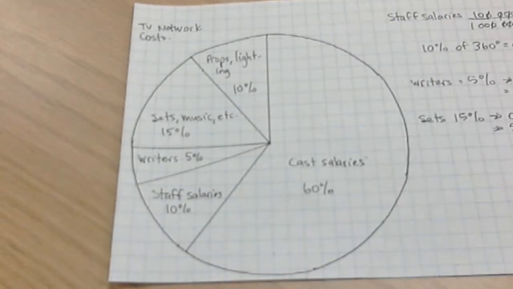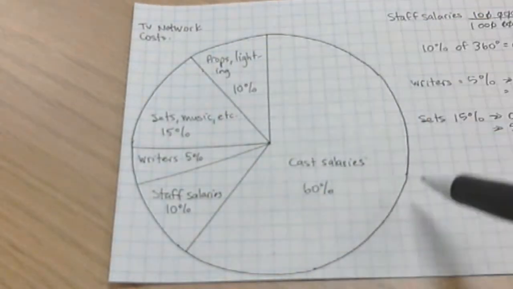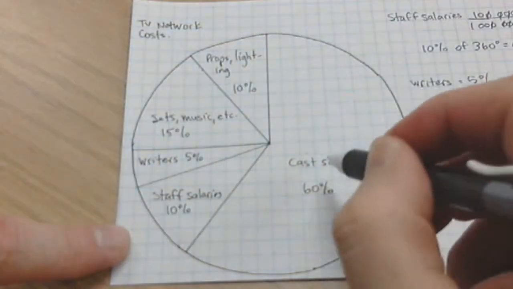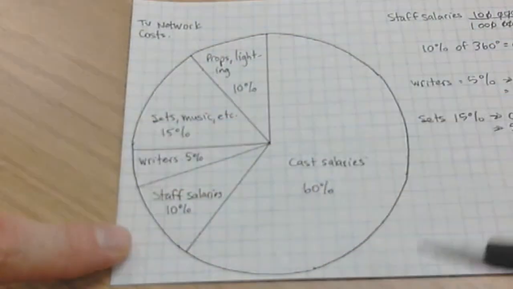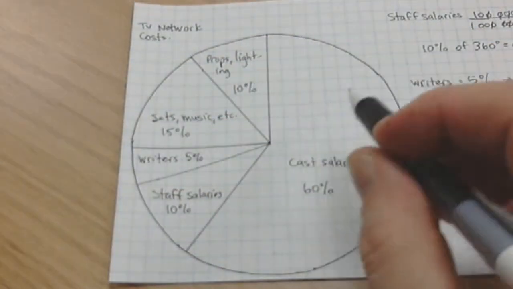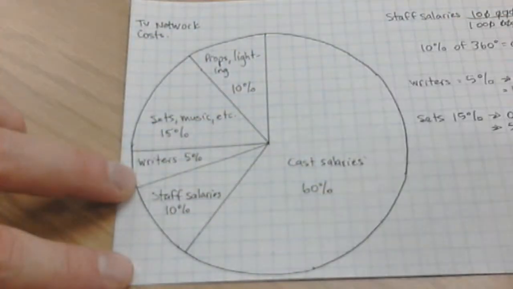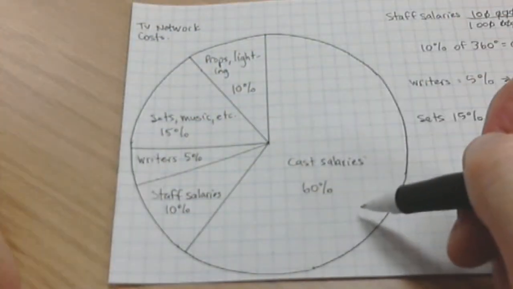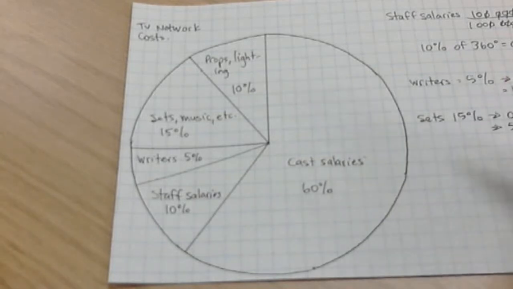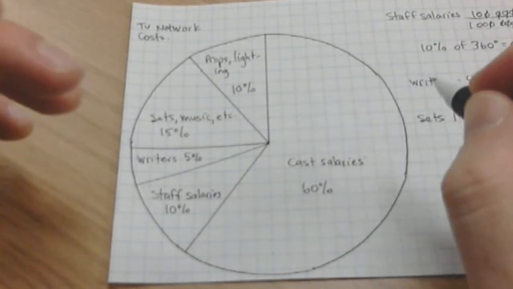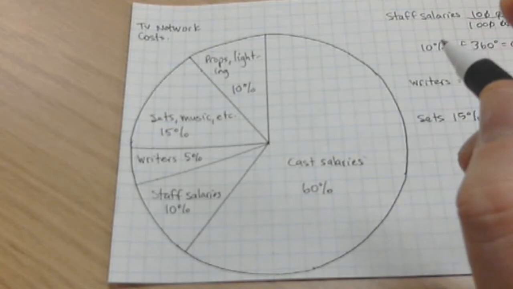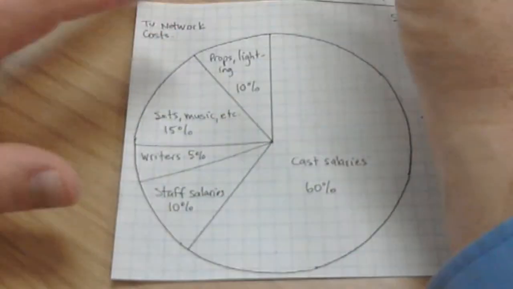So in my graph here, I have the circle drawn, it's got a title, all the pie slices are labeled, and it's got the percentage amount. I'm a fan of doing the biggest pie slice on the right-hand side, and going from biggest to smallest. You don't have to. It's not that big a deal. But that's how to draw a circle graph when you're given information.